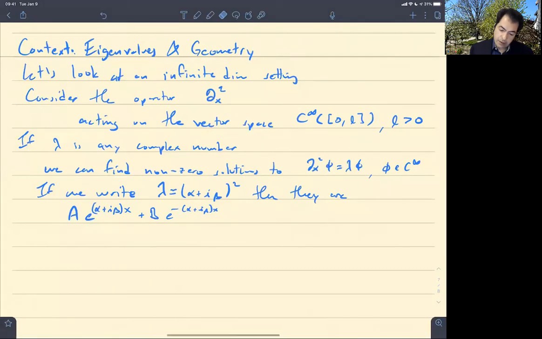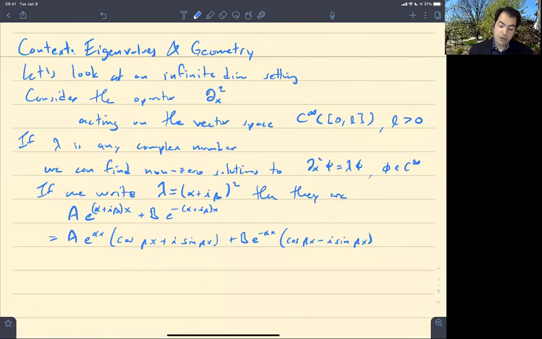You can use Euler's identity for the complex exponential to find the real and imaginary parts. So you could write this as a times e to the alpha x multiplying cosine beta x plus i sine beta x, and then you would have plus b e to the minus alpha x multiplying cosine beta x minus i sine beta x.